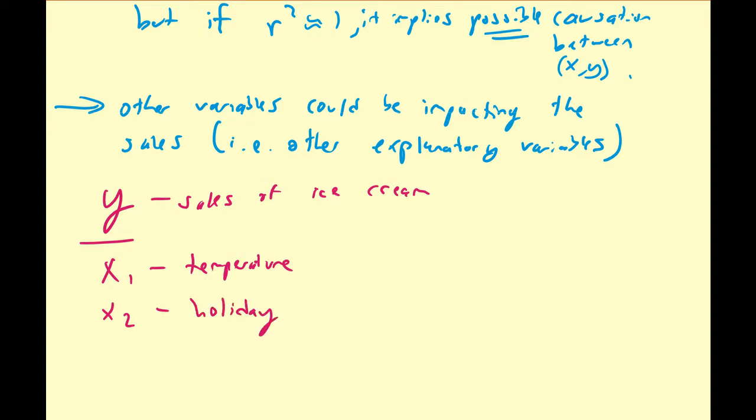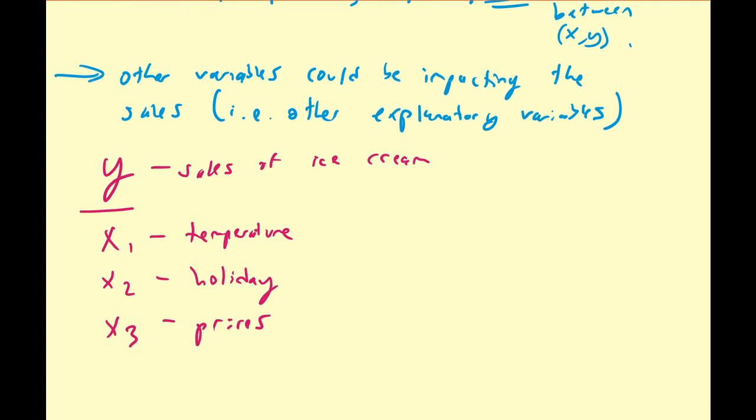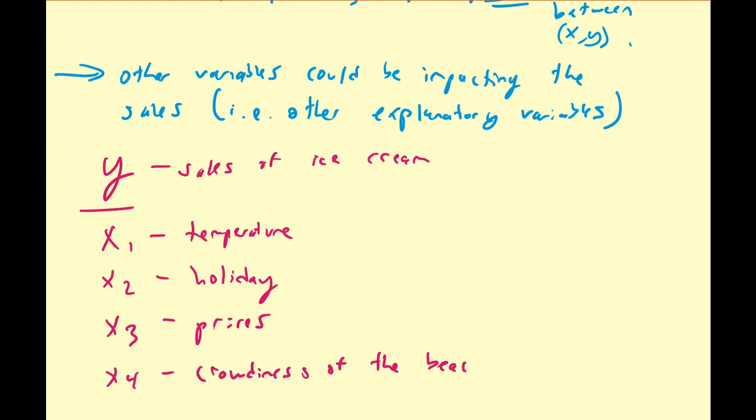For example, if there's a holiday, then the number of ice creams may be significantly higher than on just a normal weekday. X3 could be the prices. So probably as prices increase, the number of sales will decrease, possibly, who knows. X4, crowdedness of the beach. Some people may not like crowded beaches, so that will cause the sales of ice cream to decrease.